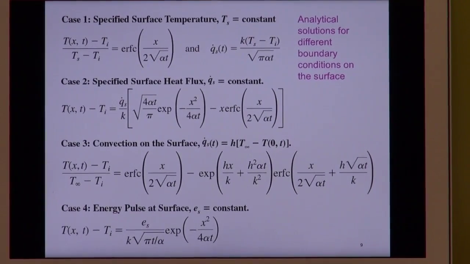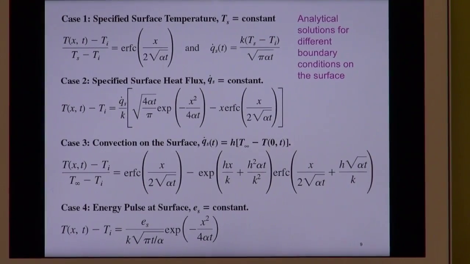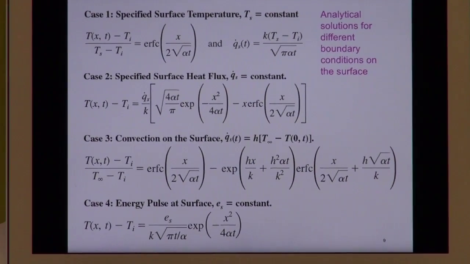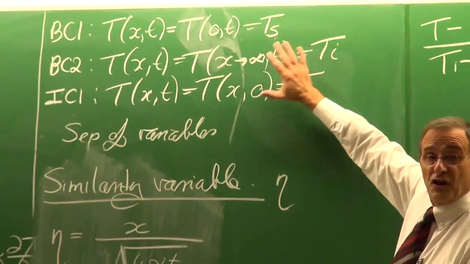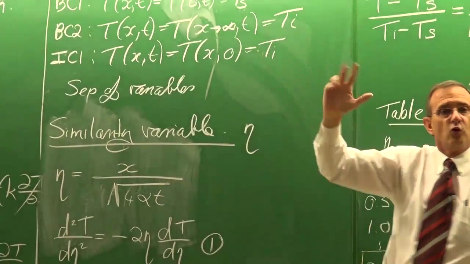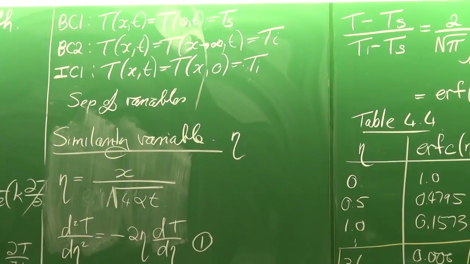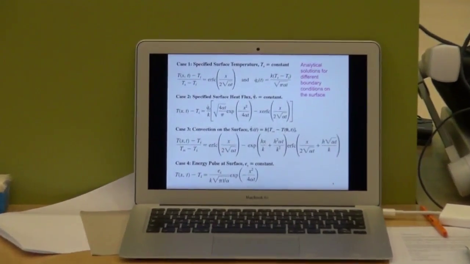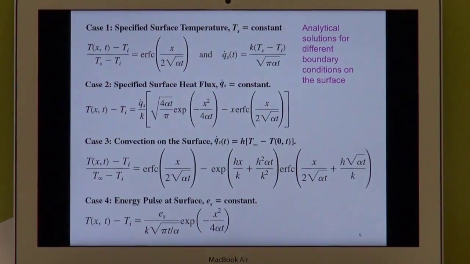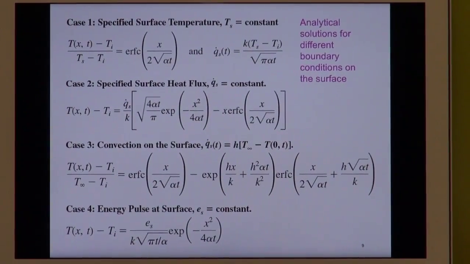And then there are 4 solutions, different cases, where the boundary conditions are different. So 4 different solutions. If we go back to the solutions again, you will see the case 1 is the specified surface temperature, Ts is constant.